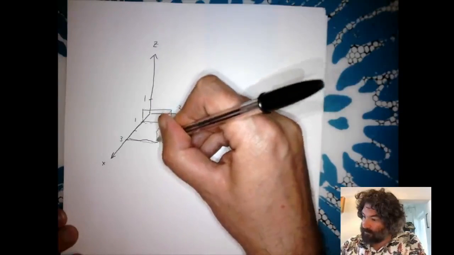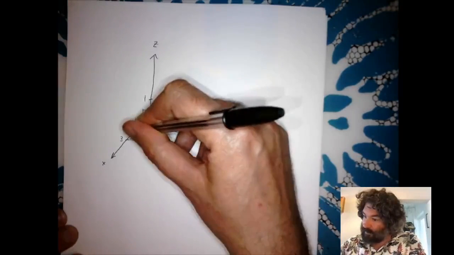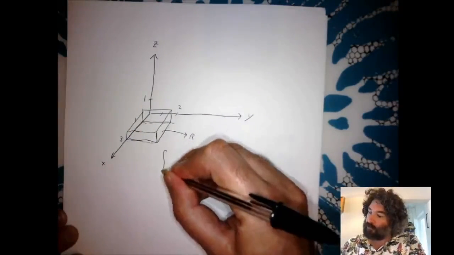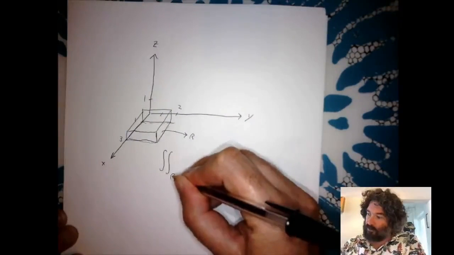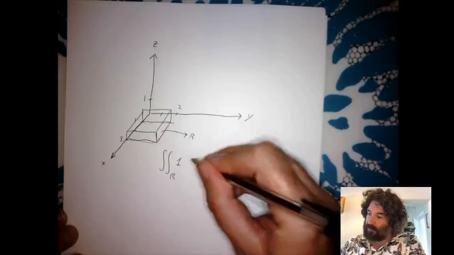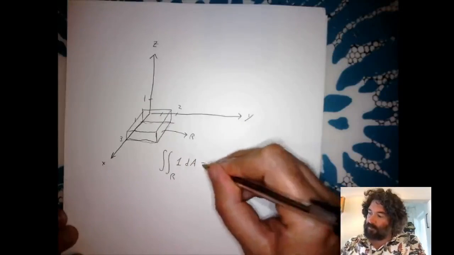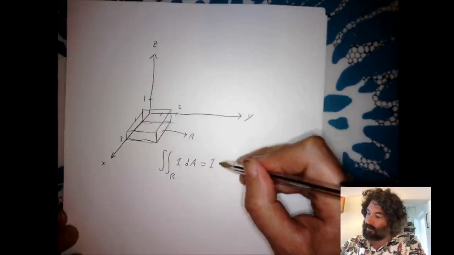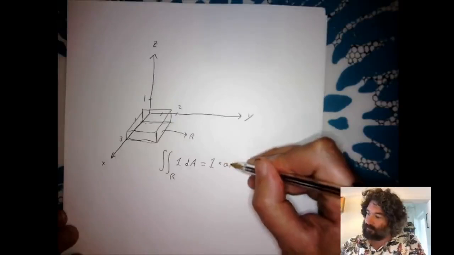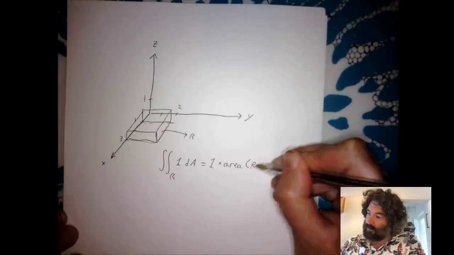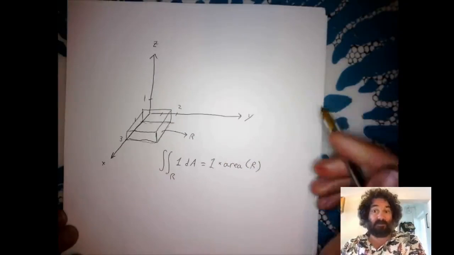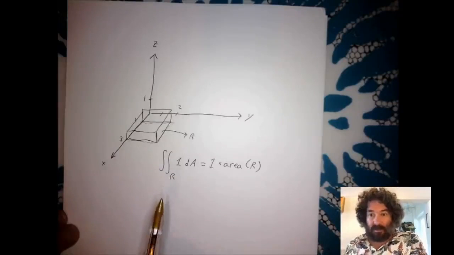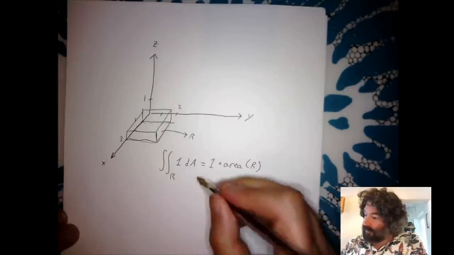The cuboid has height 1 and area at the base of 2 times 2, which is 4. So this double integral over the rectangle R of the constant 1 is equal to 1, that's the height, times the area of the rectangle R. This is simply because it's the volume of a cuboid, the height times the width times the length, if you like.